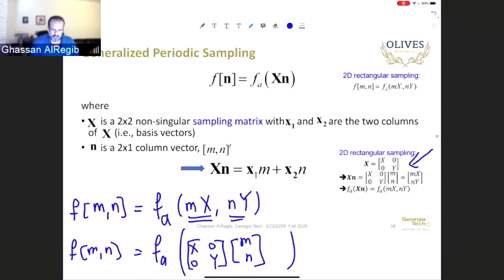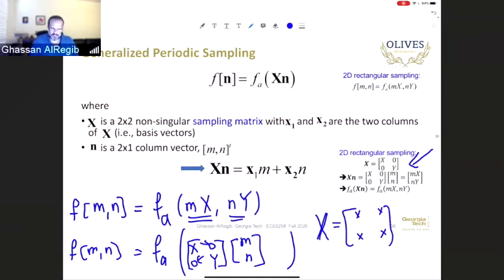So now, if I don't have these as zeros, then I have a generalized sampling. I don't have the rectangular sampling anymore. So now this equation here, we'll call it boldface x.